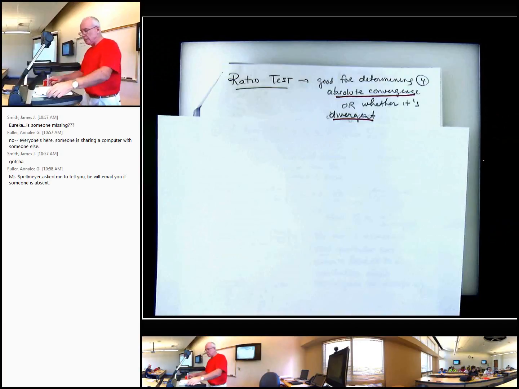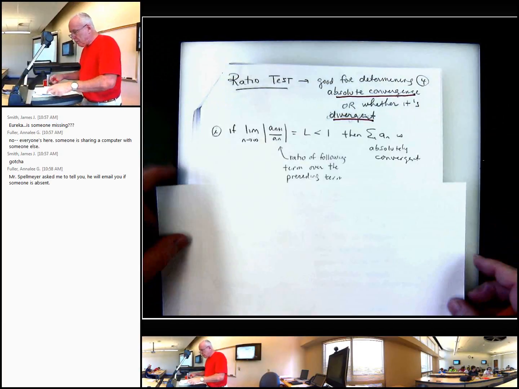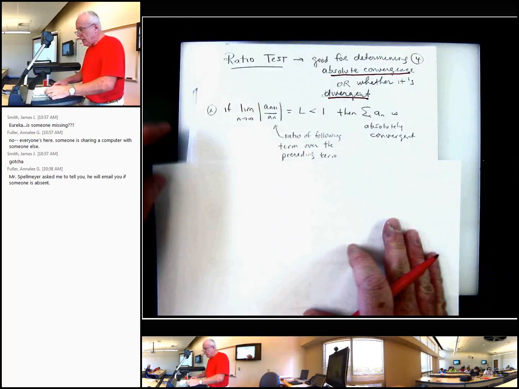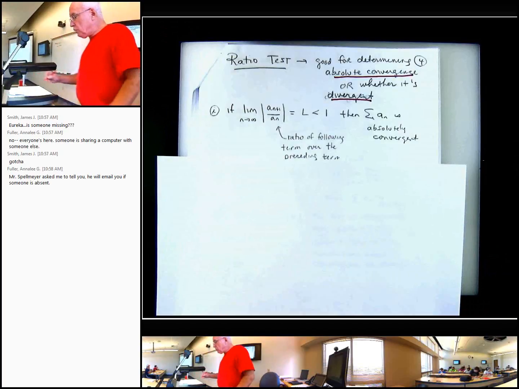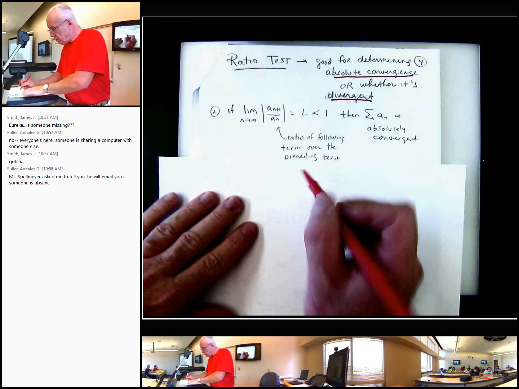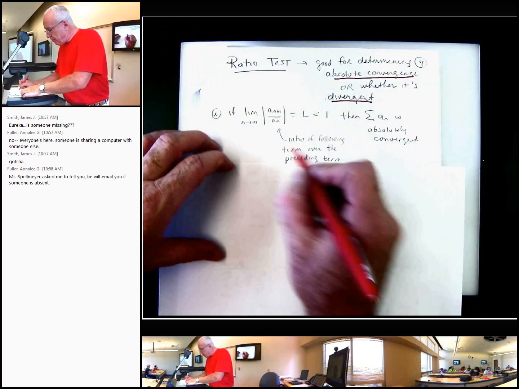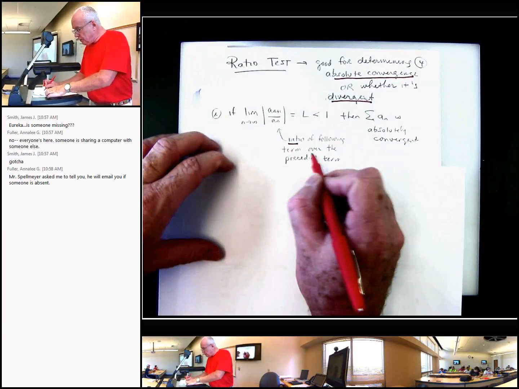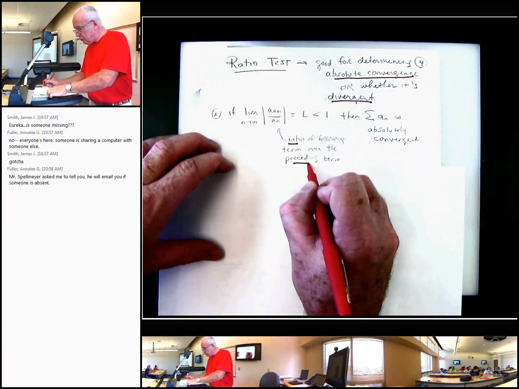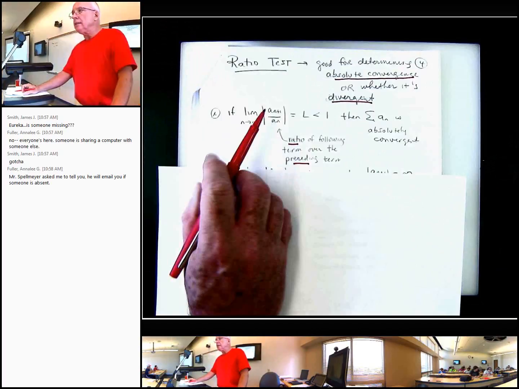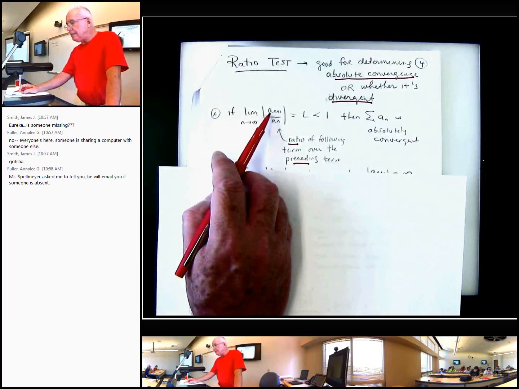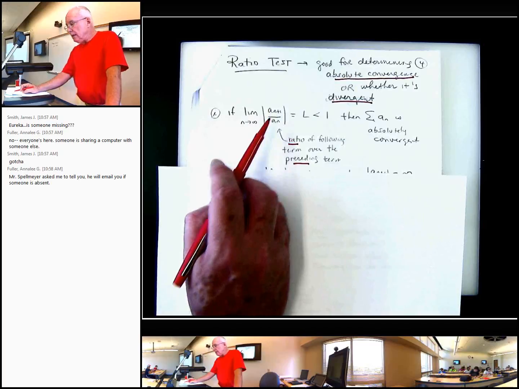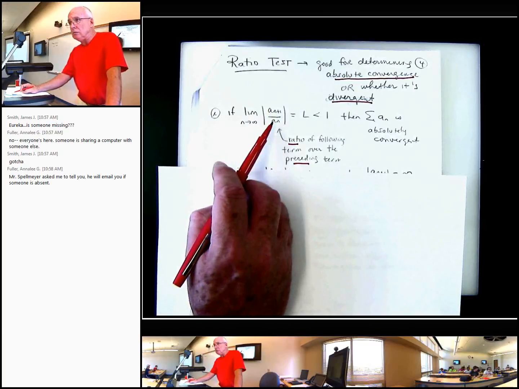Okay, let's look at the test. It's got 3 parts to it. And what we look at is the ratio of the following term divided by the preceding term. So this is how you write this in this notation. I look at the ratio or fraction of a sub n plus 1 divided by the preceding term, which is a sub n.